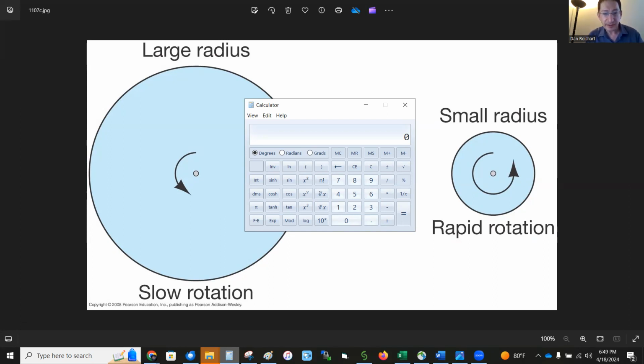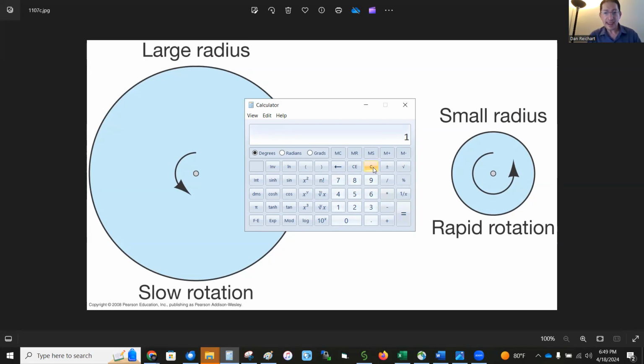Again, the compression factor is 1.4 times 10 to the 6 kilometers. That's the size of our sun, the size of the core of this massive star, divided by 20, because it's going to shrink down to 20 kilometers. And so it will speed up, which means the period will decrease by a factor of 70,000.